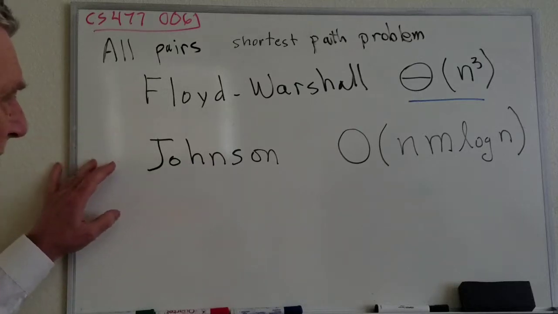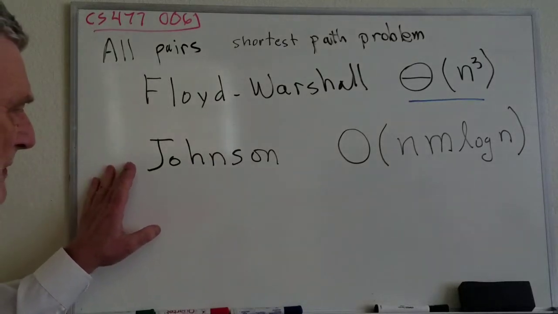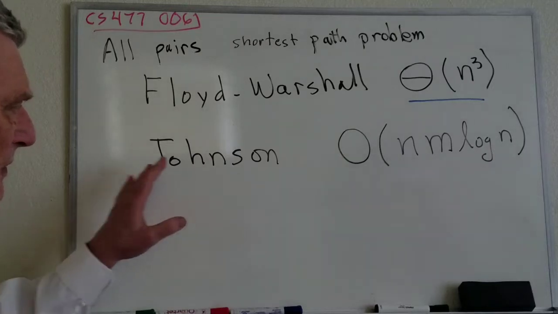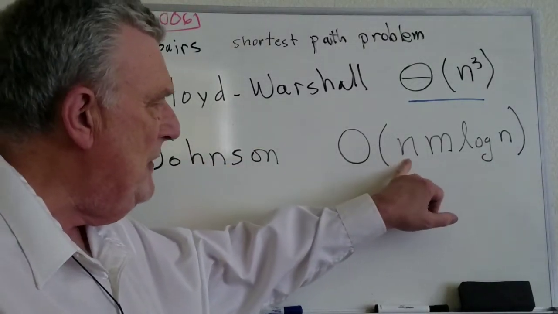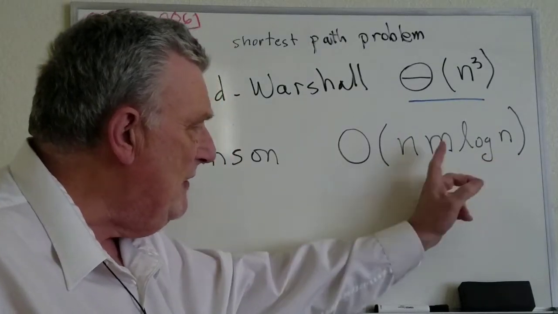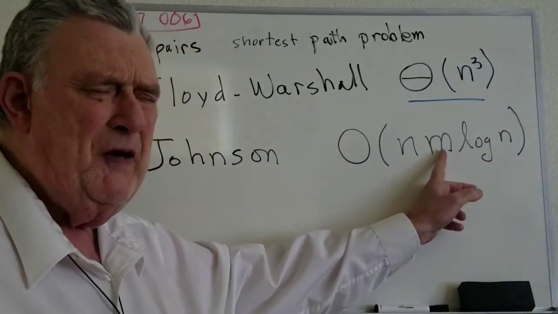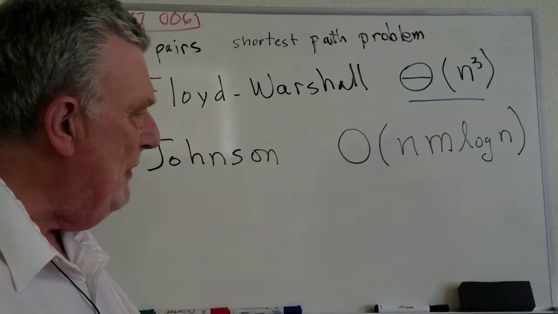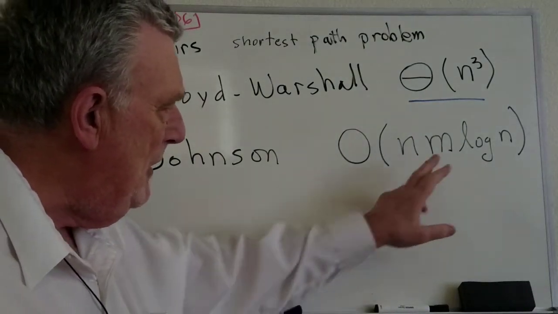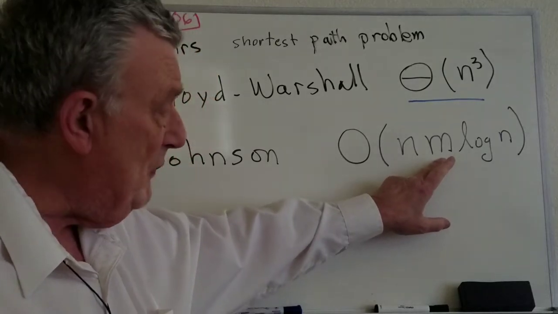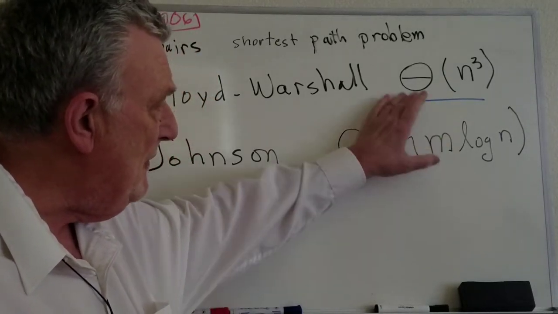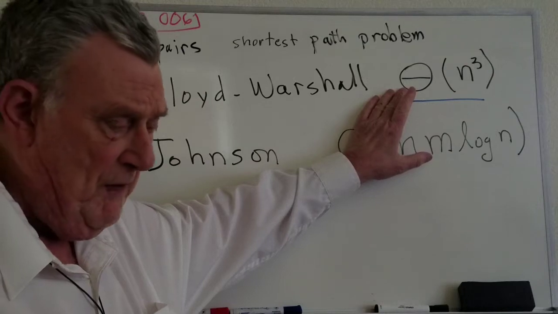Johnson's algorithm is actually more complicated than Floyd-Warshall, and its time is O(n) times m times log n, where m is the number of edges. Now, remember that m could be n squared. So if m is n squared, Johnson's algorithm takes longer than the Floyd-Warshall algorithm.